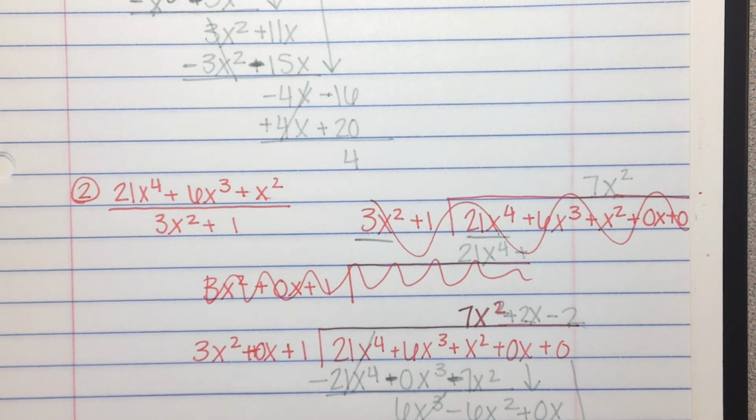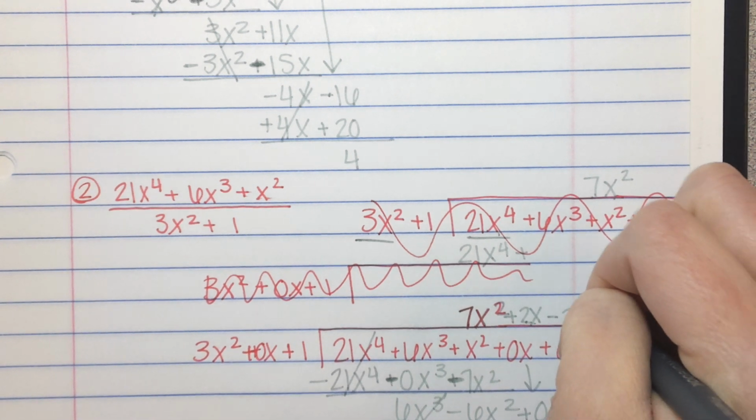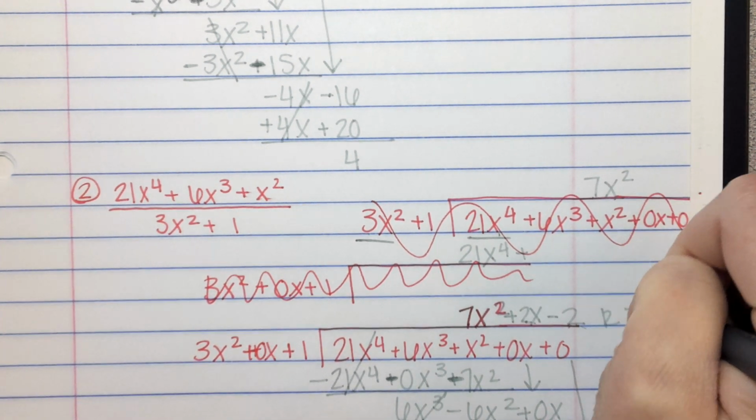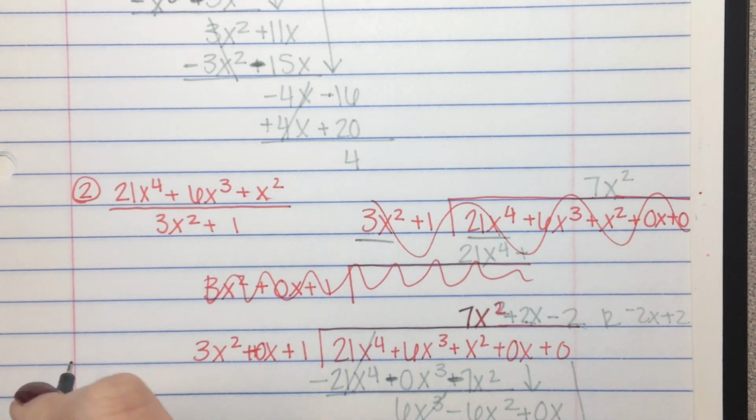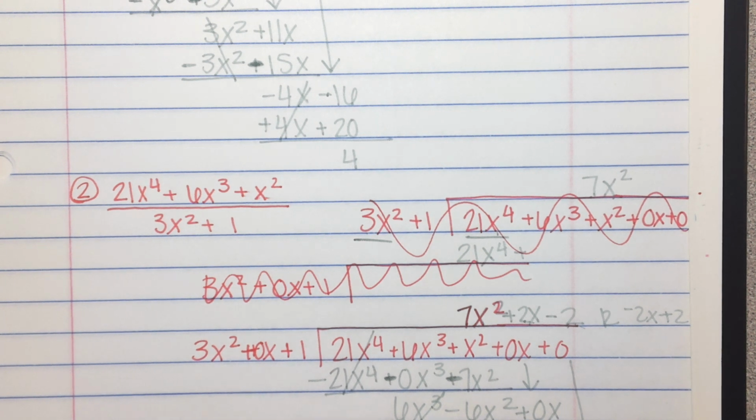Those cancel, and we get negative 2x and plus 2. And so that's our remainder. All right, and I'll rewrite that over here to this side. So we have 7x squared plus 2x minus 2 plus our remainder is negative 2x plus 2 all over 3x squared plus 1.